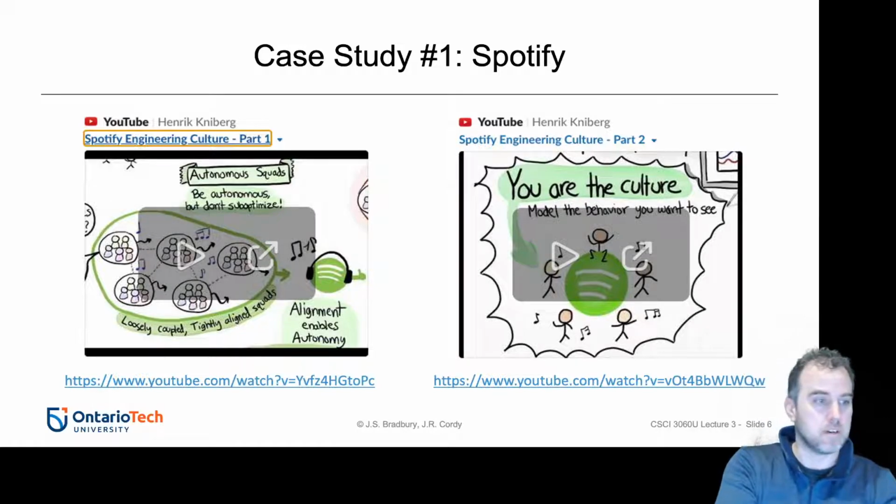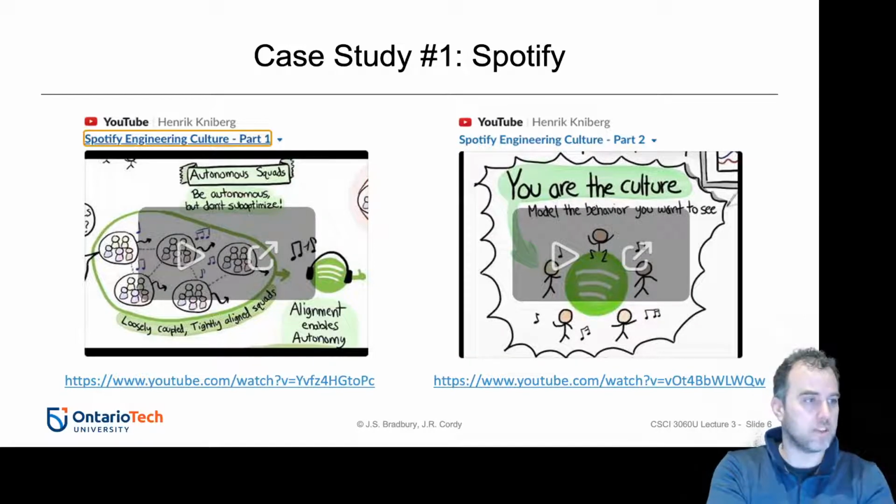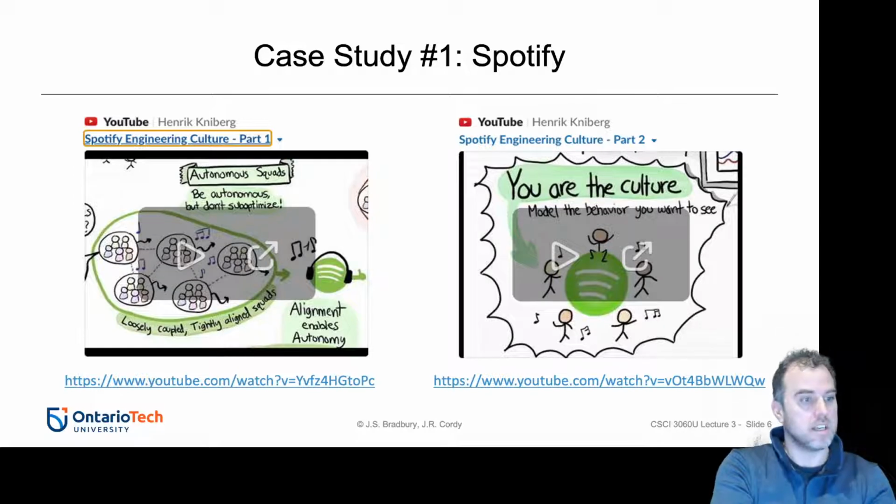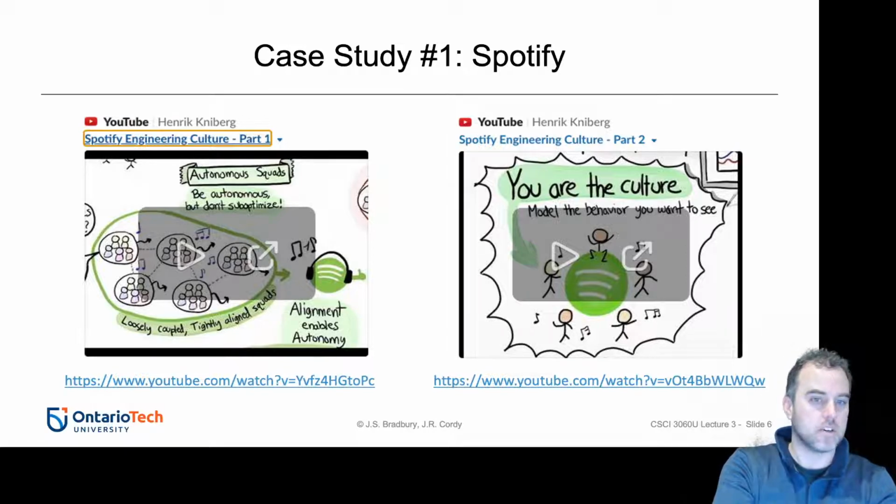So things like people being valued more than other things, and the idea that you do quick, small releases and so on. They also have this idea of self-organization, cross-pollination between different squads, encouraging community over structure, and some other things.